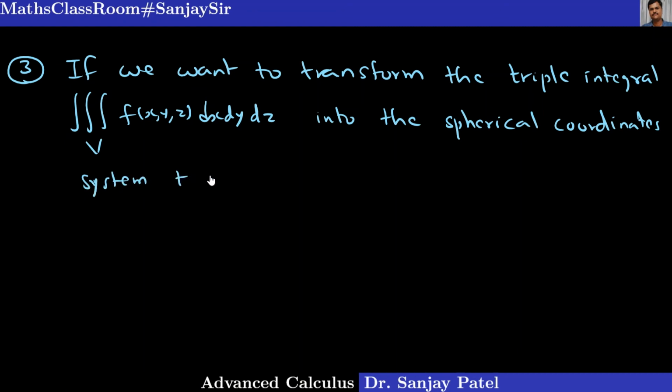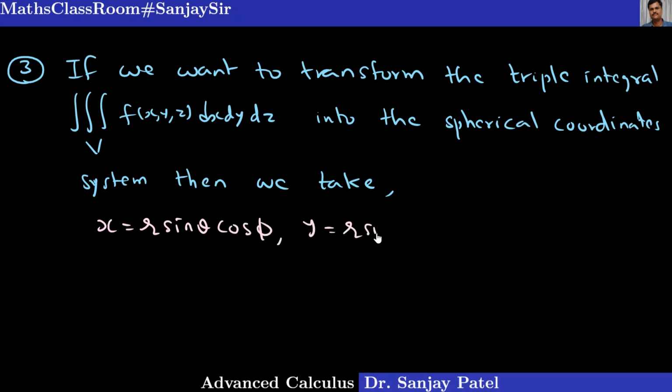then we take the relation between the Cartesian and the spherical system as x is equal to r sin theta cos phi, y is equal to r sin theta sin phi, and z is equal to r cos theta.